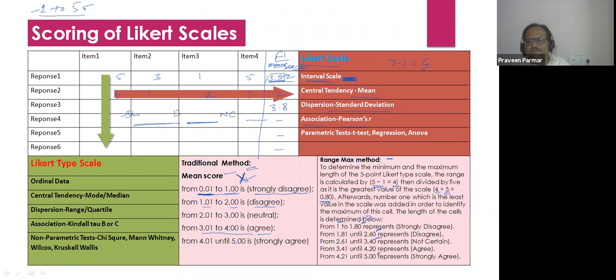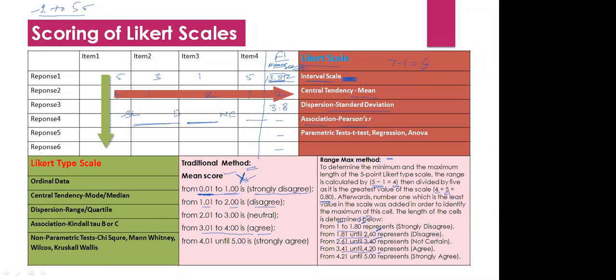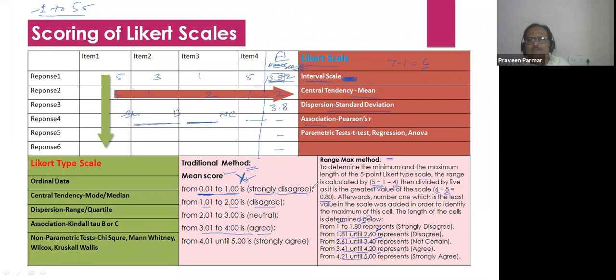In this way we get 5 at the last. So here we are getting the same interval. The difference is the same, and this one is scientific. So the value 3.5 will lie in agree. Here it comes in agree, and in the traditional method also it comes in agree.